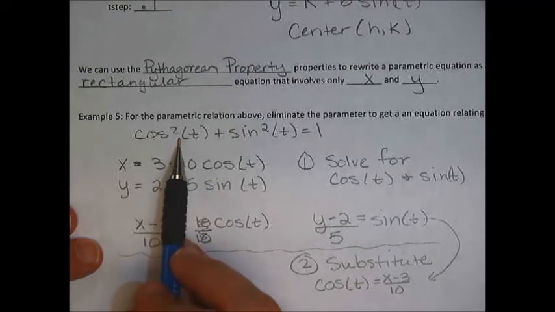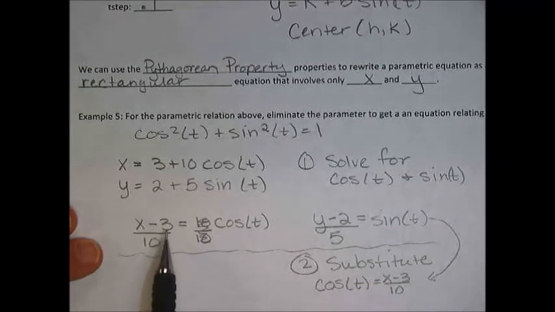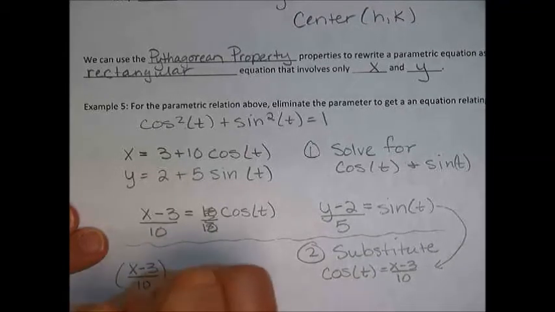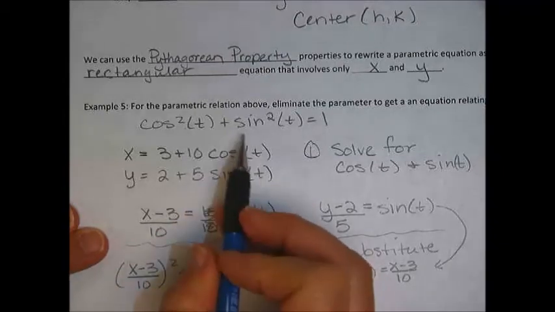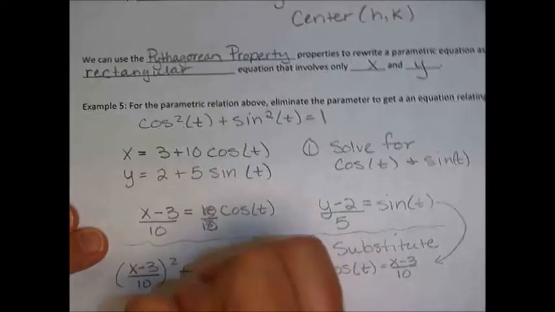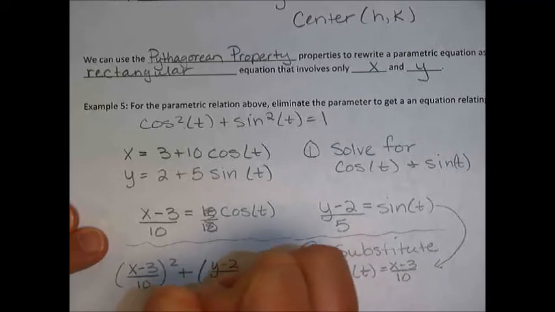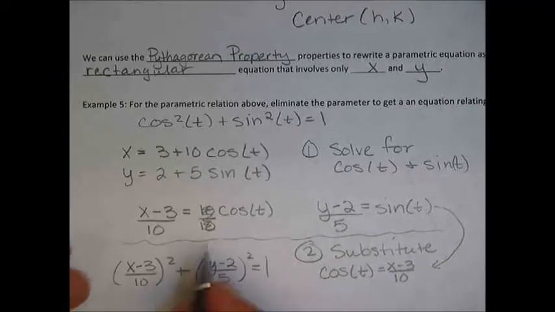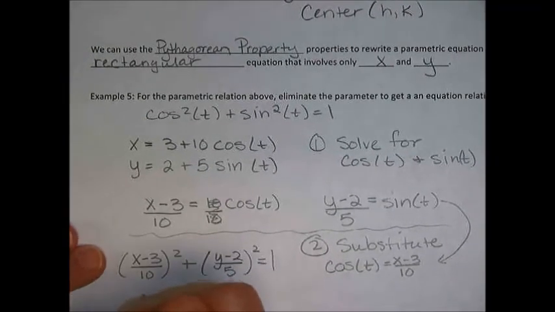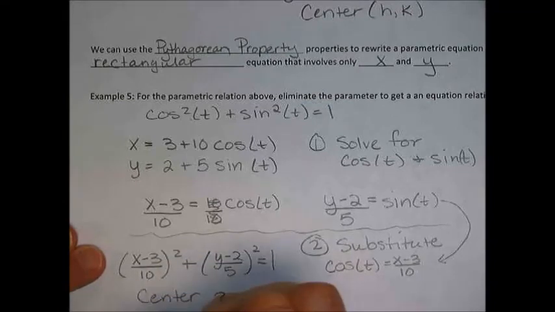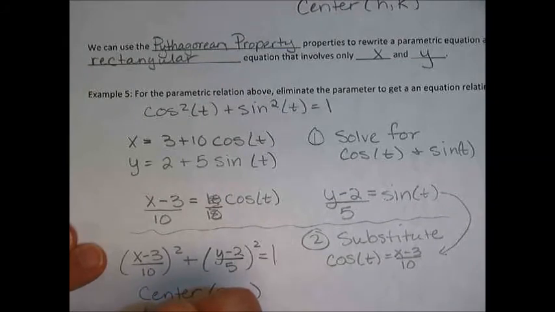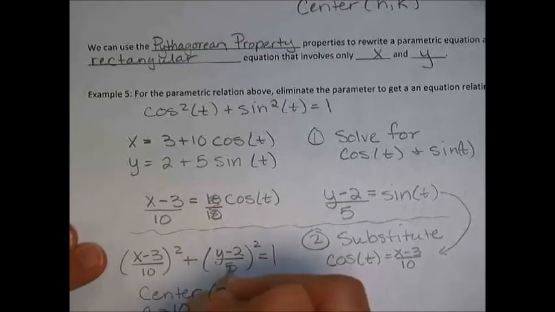So instead of having cosine squared, I'm going to write x minus 3 divided by 10 squared plus, instead of sine squared, y minus 2 over 5 squared equals 1. And we know from chapter 7 this is an ellipse with a center at 3, 2 and a radius in the horizontal direction of 10 and a radius in the vertical direction of 5.